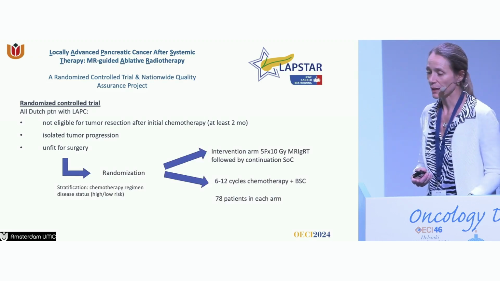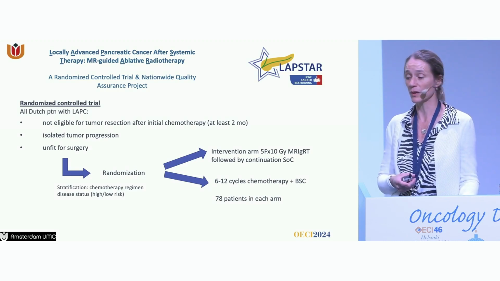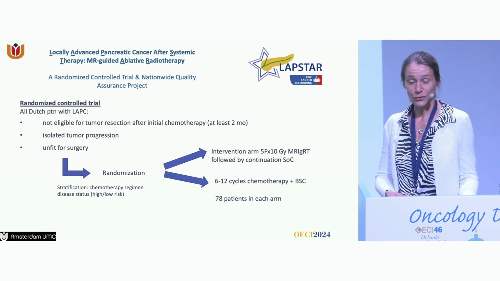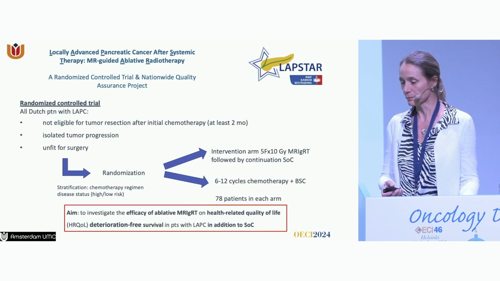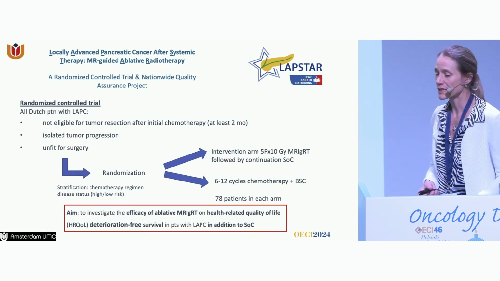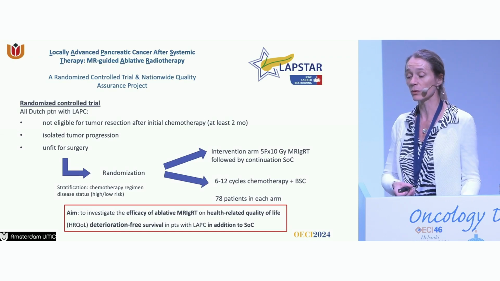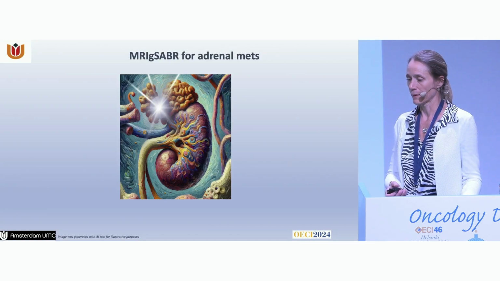Eligible patients are randomized to the intervention, 5 fractions of 10 Gray with MR-guided radiotherapy, or the standard of care arm with chemotherapy and best supportive care. The aim is to investigate the efficacy of ablative MR-guided radiotherapy on health-related quality of life.